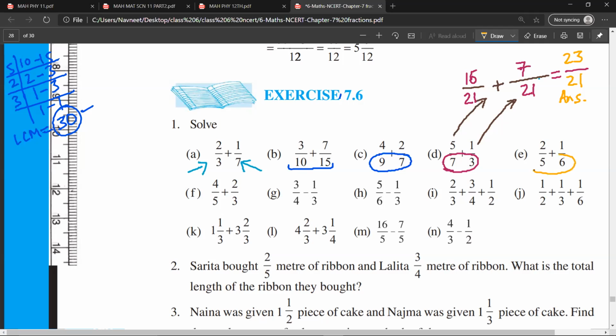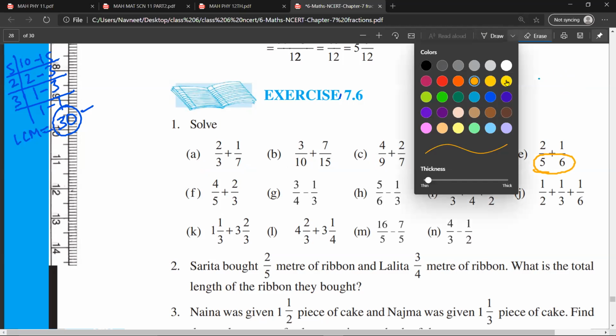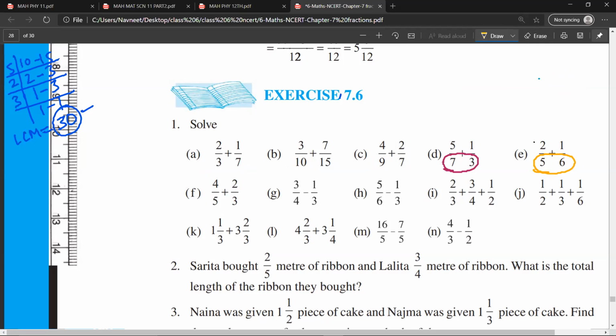What would be the LCM of 5 and 6? 30. So 2 by 5 I can write as something upon 30.